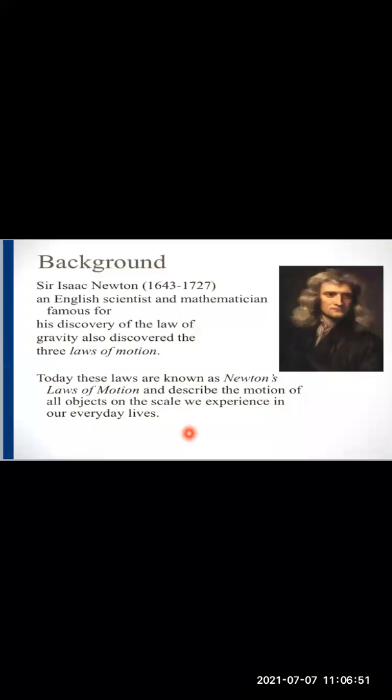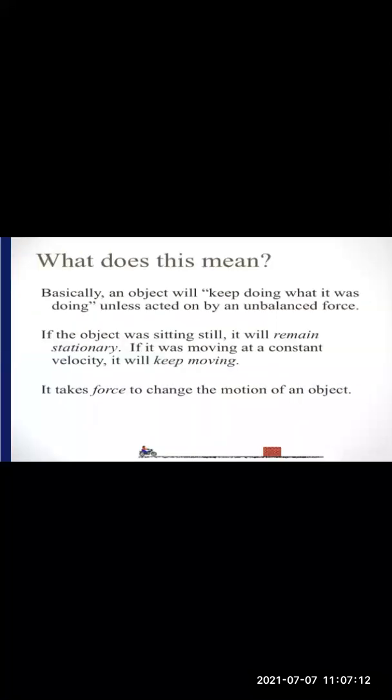Now see, Newton was the first physicist who actually gave us three laws of motion pertaining to our day-to-day life situations, the experiences that we are observing in our day-to-day life. What does it mean?